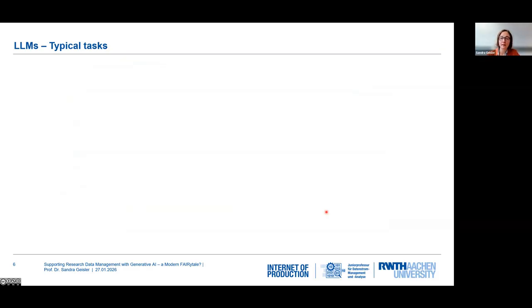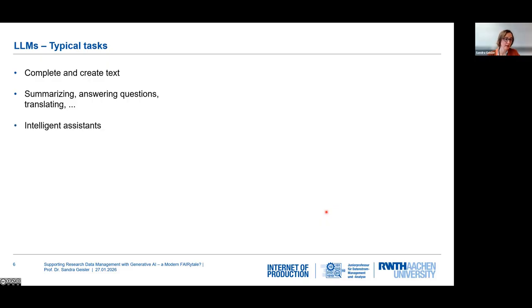I guess you already know or have used several of these large language model supports. For example, to complete and create text, of course, large language models are very famous for that. Summarizing texts, answering questions, and translating texts are tasks which are supported easily by LLMs.